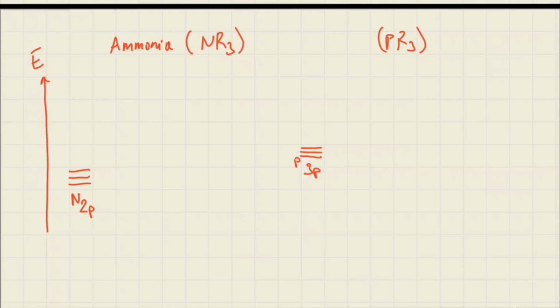And we will have sigma star and bonding, right? And we have 2p of the R group. So I cannot use the S, therefore I want to compare with the PR3 and NR3. And we have to consider a HOMO.